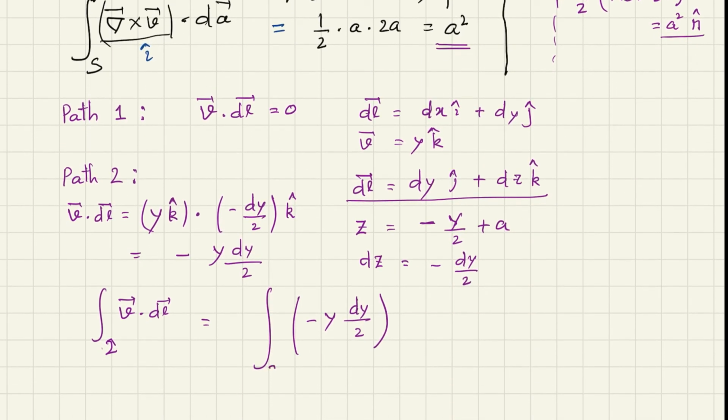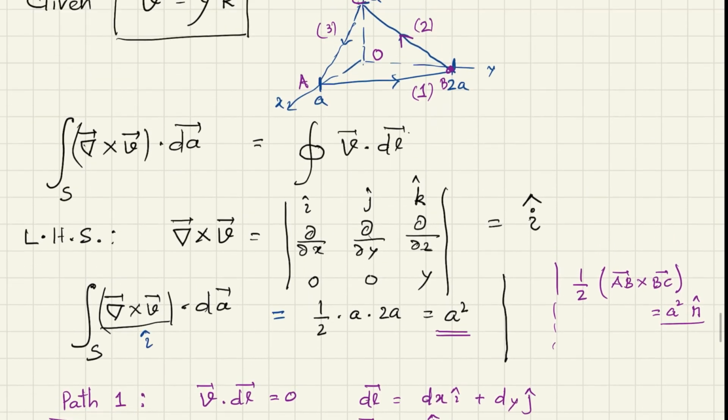This limit is important, otherwise you'll get the sign wrong. So that becomes minus half of y squared by 2 from 2a to 0, and this will become a squared. This is path 2, we still have one more path to go.